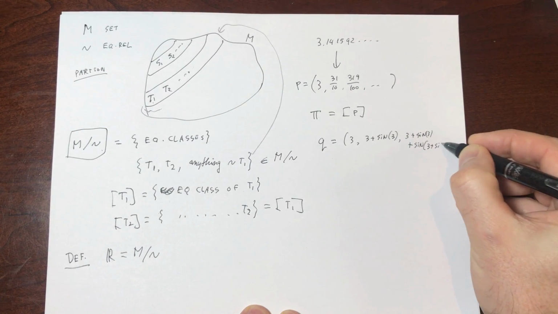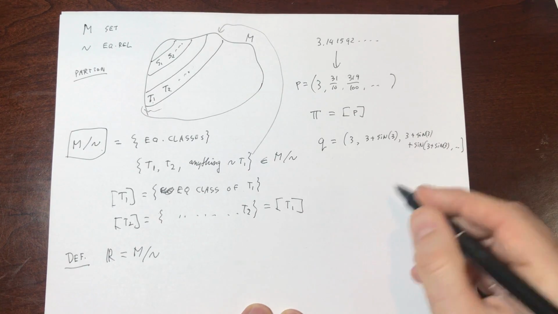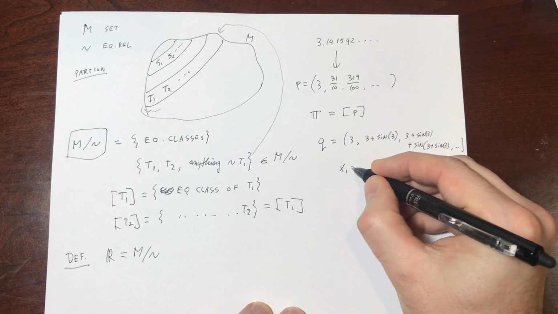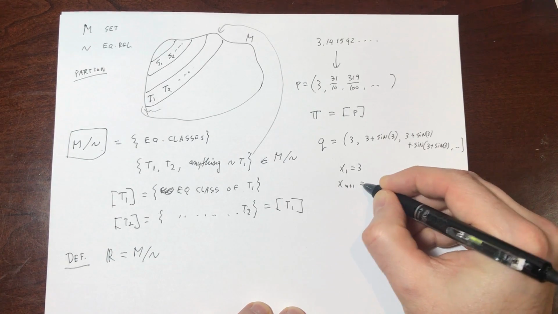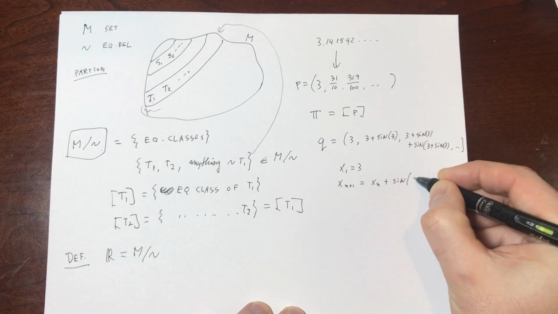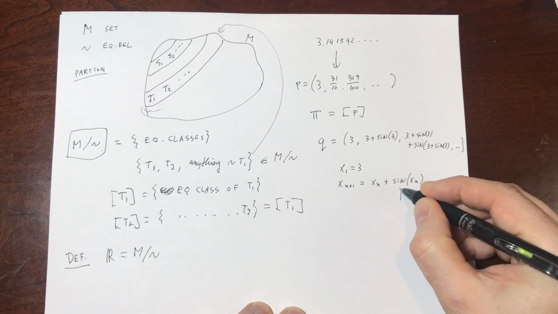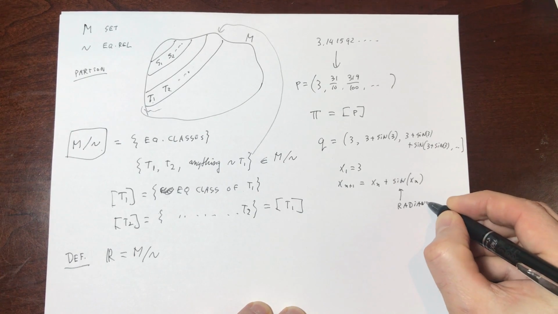So let me give you the pattern here. x1 is 3, and x(n+1), the next term, is the previous term plus the sine of the previous term. And if you do this on your calculators, make sure you set it to radians.